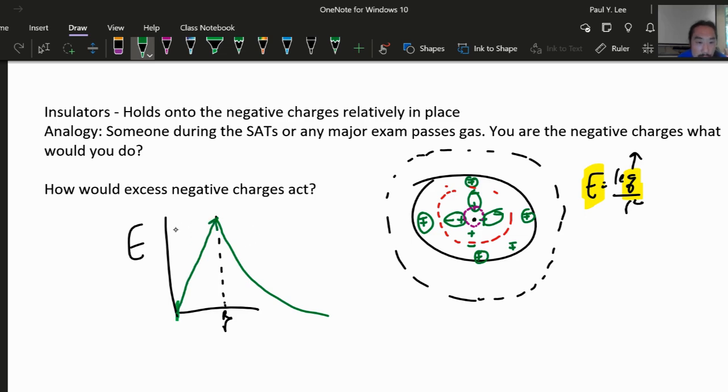So here we can say that E is directly proportional to the radius. But over here, E is inverse square proportional to the radius. And once again, in our next unit, we're going to look at the specifics as to why that is the case, thanks to the use of calculus and math.